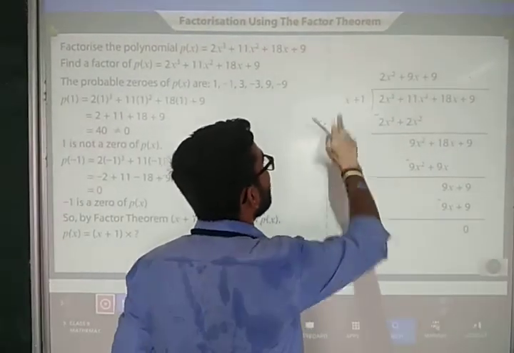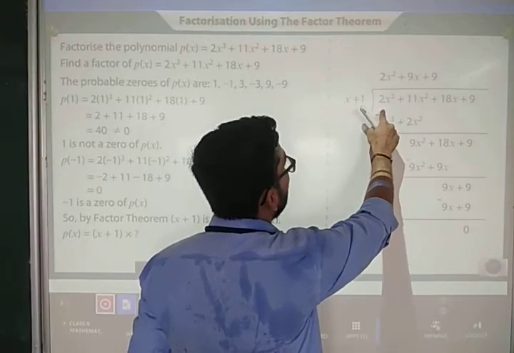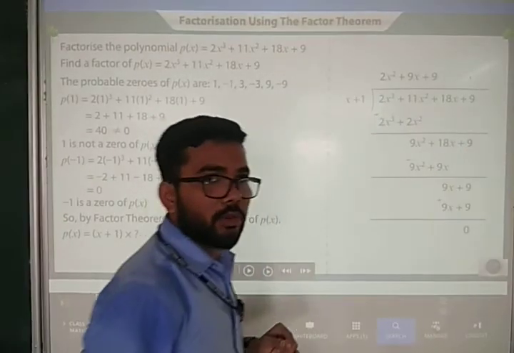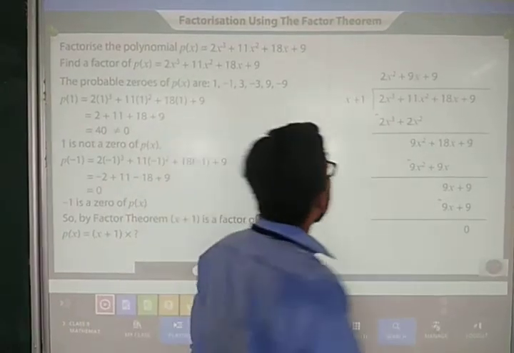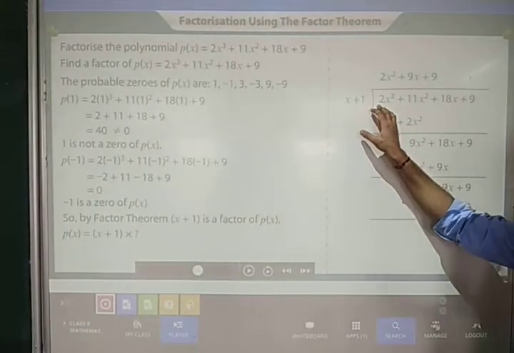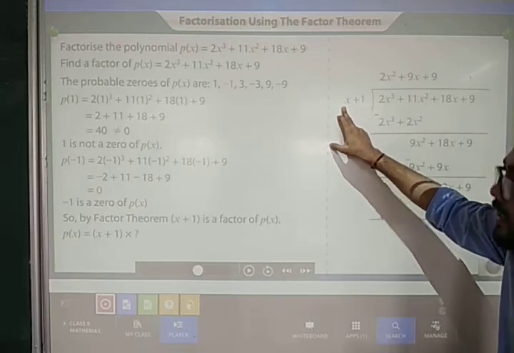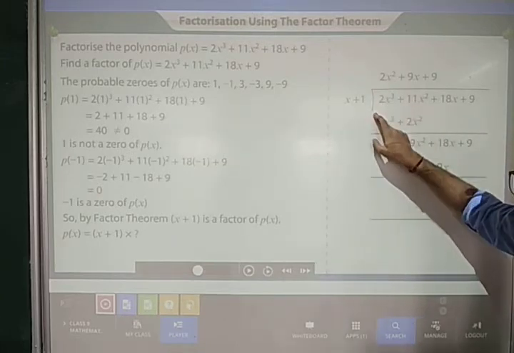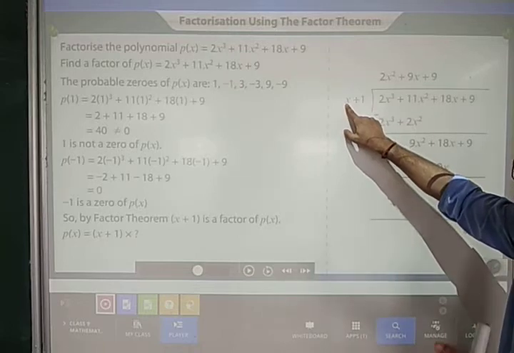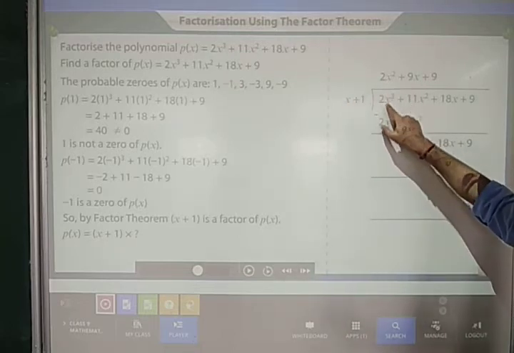The first term of the divisor is x, and the first term of the dividend is 2x cube. So you multiply x by 2x squared to get 2x cube.